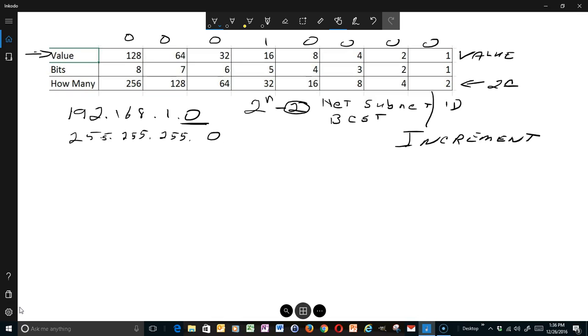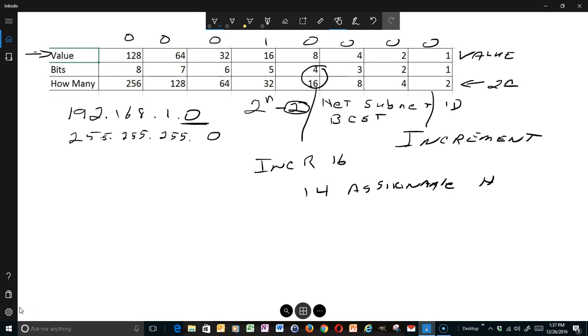How many total addresses are in any number of bits? And we have 1, 2, 3, 4. We have 4 bits, and you notice that these are off by like 1. If we have 4 bits here, we have an increment of 16. If we have an increment of 16, then we have 14 assignable hosts.